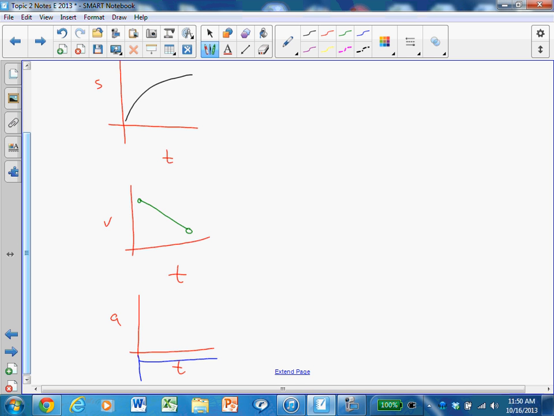Now, if I look at the area between the acceleration and the t-axis, area would be a times t, right? Well, that would bring us back to change in v, because change in v would be a times delta t. So the area would bring us up here, and our change in v must be bringing us from a higher value to a lower value because it's below the axis.